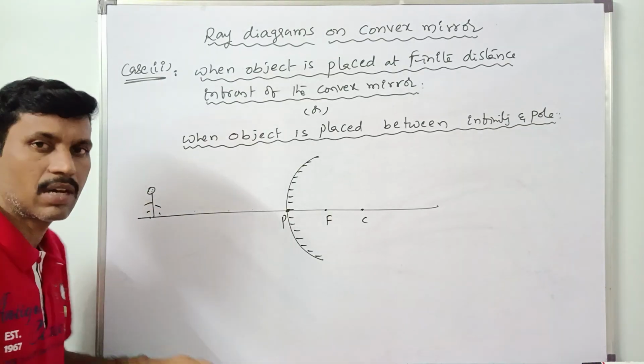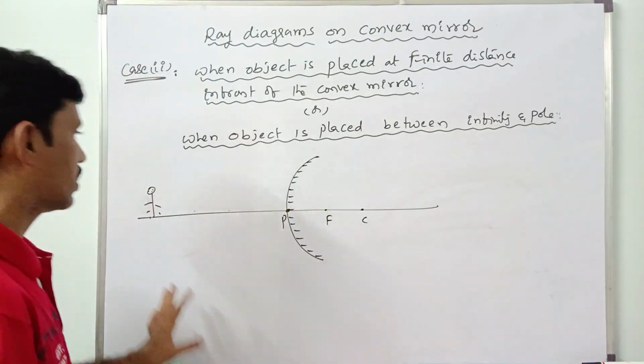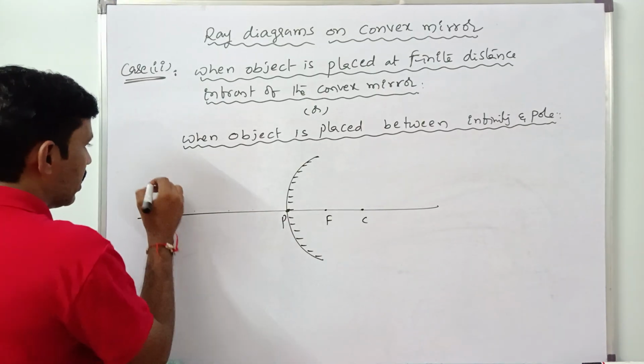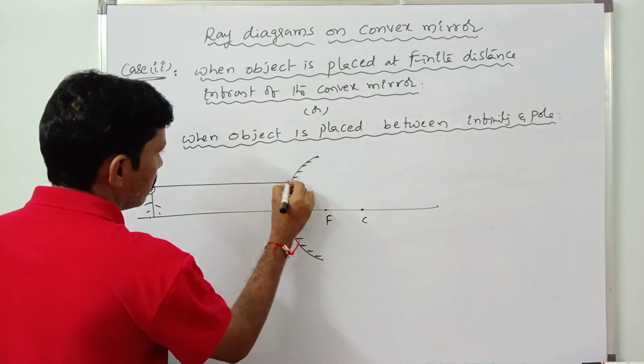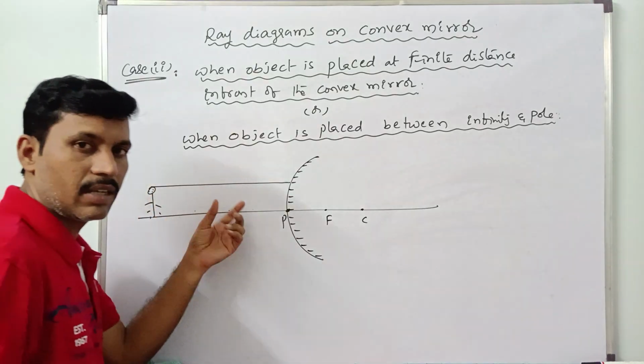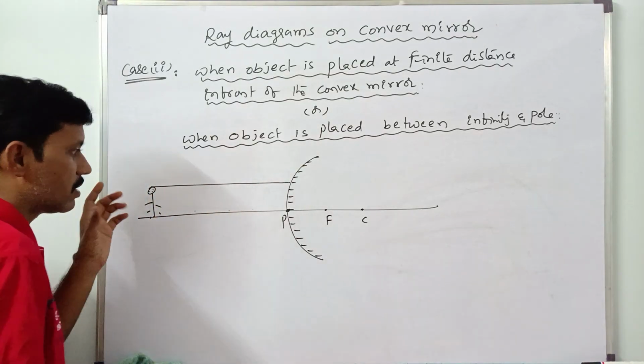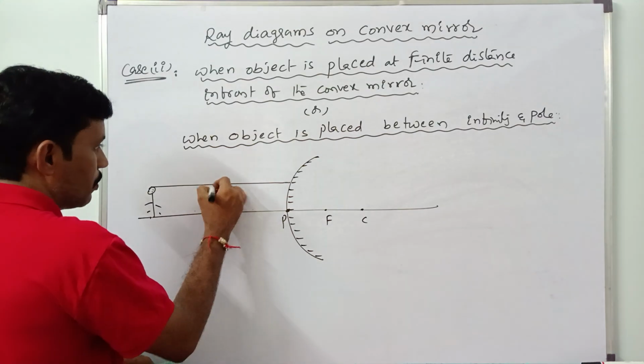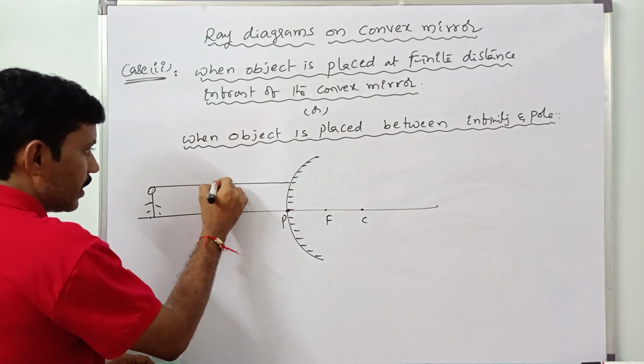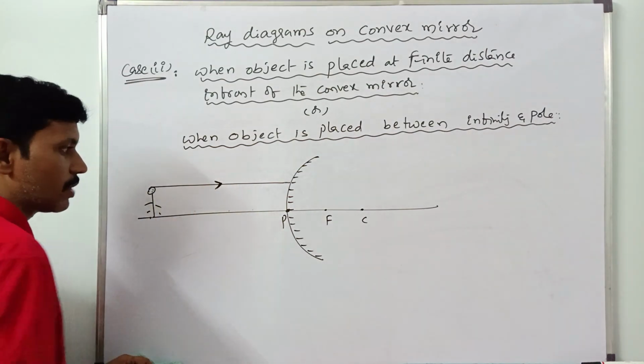For example, this is the object, an extended object. Now, first ray: in every case, the first ray we have to take is the parallel ray, the incident ray which is parallel to the principal axis.